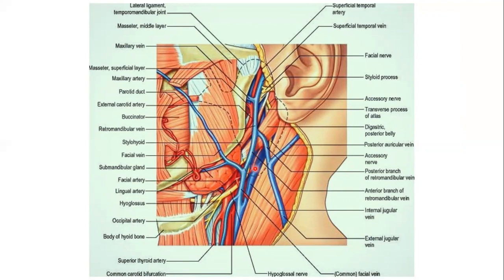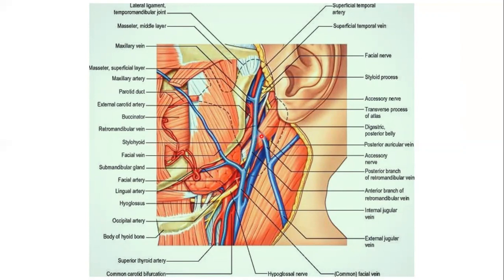The apex is related here with the posterior belly of the digastric, and a nerve which is the terminal branch of the facial nerve, the cervical branch of the facial nerve. This is emerged at this part, and these two veins, branches of this retromandibular vein. You see, this is the retromandibular vein.